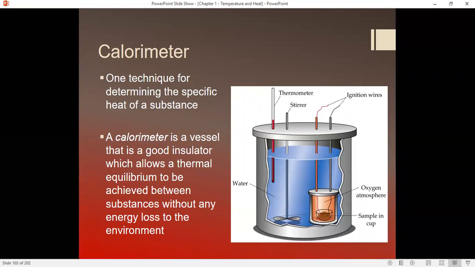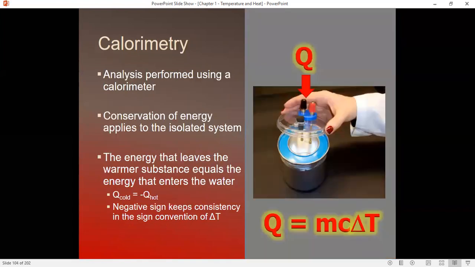Now, this is what we're going to spend a lot of time with. It is the calorimeter, okay? The calorimeter is basically something that is insulated, so heat can't make its way in. Okay? Heat can't come in, and heat can't come out, all right? Basically, with the calorimeter, we are very careful to keep it insulated.